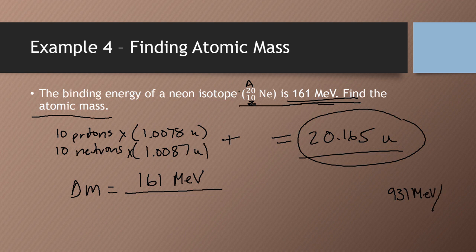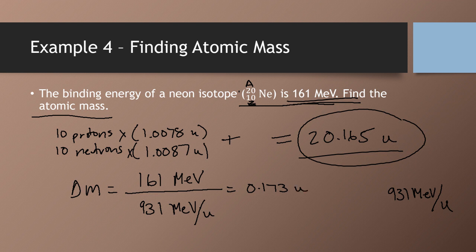Remember, one atomic mass unit was equal to 931 mega electron volts. So if we know the binding energy is 161 mega electron volts, if we divide by 931, the difference in the mass is 0.173 atomic mass units.